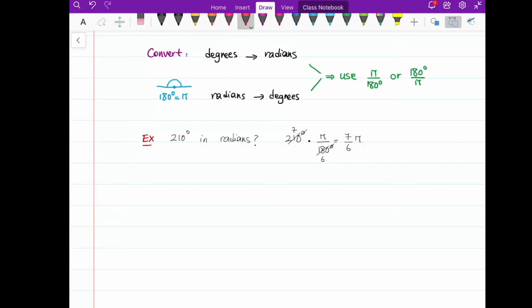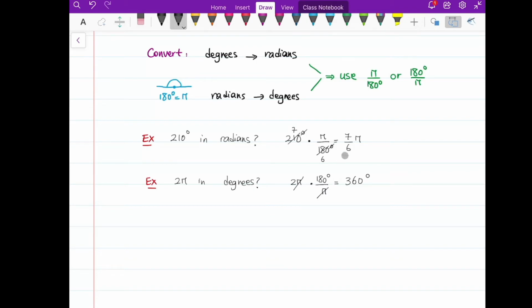Okay, let me give you another example. What is 2 pi in degrees? I have 2 pi and I want to get degrees. That's why I need to multiply it by 180 degrees over pi. In that case, the pi here is cancelled out with that pi, the degrees stay, and then I multiply 2 by 180, so I get 360 degrees.